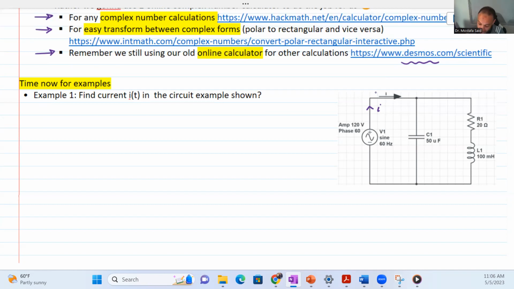I have some objectives for doing two methods: to convince you that you can use any method, and secondly, to teach you that to verify whether your answer is correct, try another method and you should get the same result and compare both. So let's start with Ohm's law. Solution one.